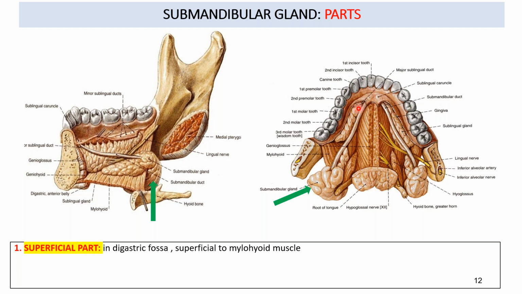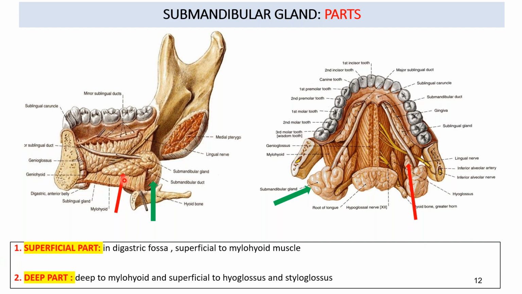So this is the area of the upper alveolar margin, and from here you can see the lower alveolar margin, and from here you can see the structures over here. The second part is this red arrow marked area. This is the deep part of the submandibular gland, and it is deeper to the mylohyoid muscle and superficial to the hyoglossus muscle.